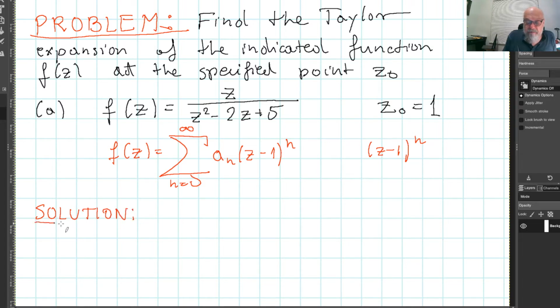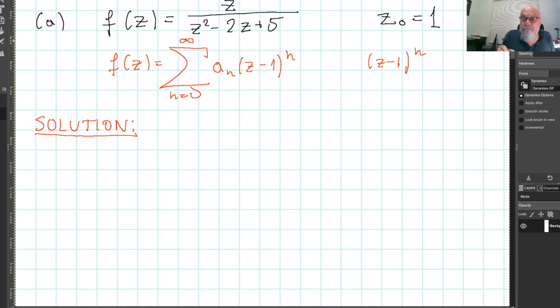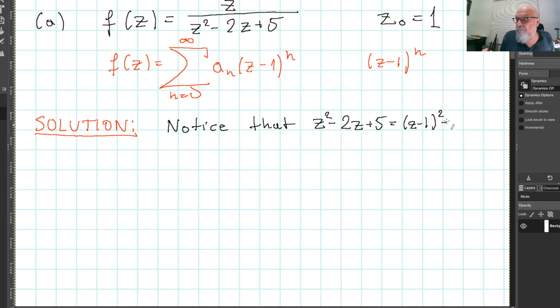Let's begin. In order to do it, we will first of all notice that z squared minus 2z plus 5 is equal to (z minus 1) squared plus 4. So you can see here, of course, I already have this particular good form. That means z minus 1 is actually, we're lucky, we have it here. So now I can rewrite the function.